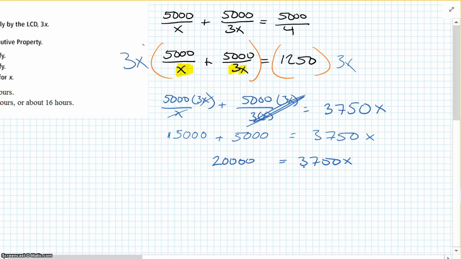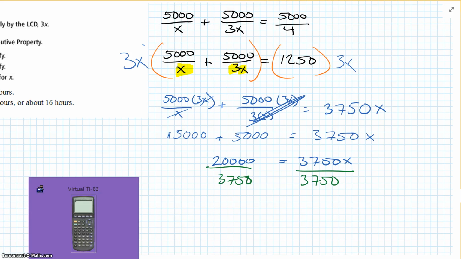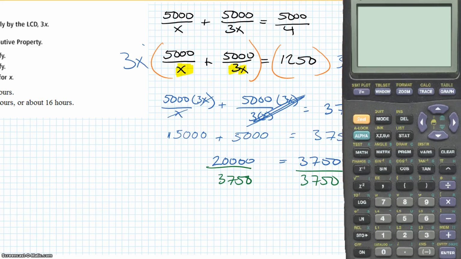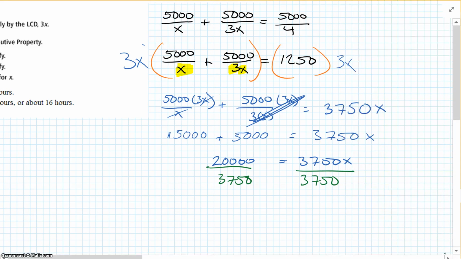Divide each side by 3,750. Well, that's a job for our handy dandy calculator. So 20,000 divided by 3750, and we get 5.333. So x equals 5.333.